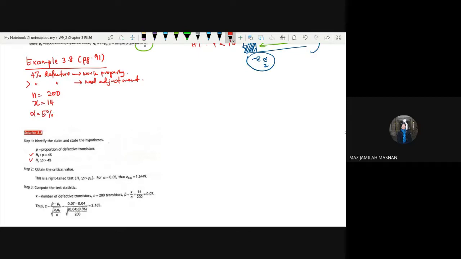Since it does not clearly say where the statement is, if you go by the first sentence, it will be this one as the claim. But the second sentence says whenever the machine produces more than 4%, which is greater than, as if this is the claim. If it is a bit confusing, let's forget about it for a while.